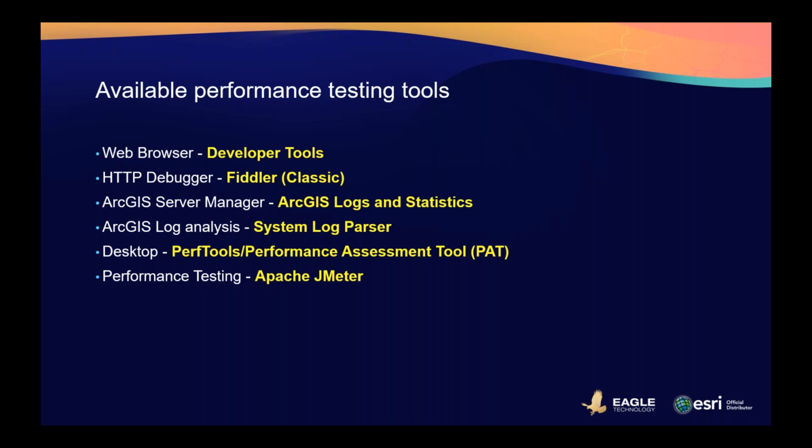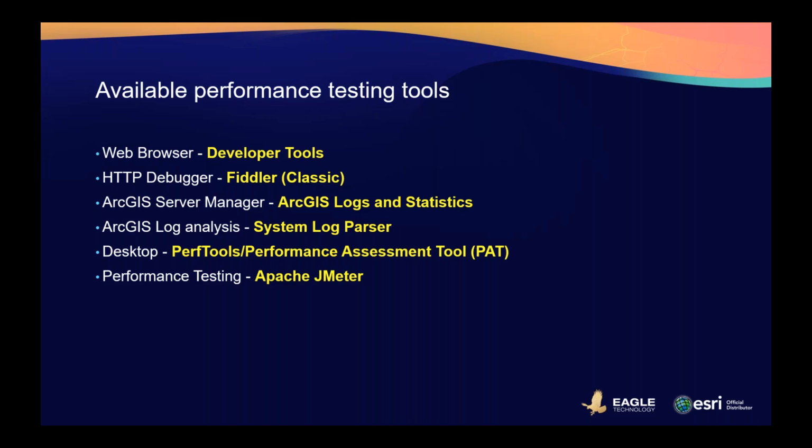It'll kind of identify any possible bottlenecks between your client and your actual server. There's also the performance assessment tools, affectionately known as PAT. This is a set of those tests in a sort of controlled manner, and very useful for benchmarking your ArcGIS Pro performance on your actual machine also.